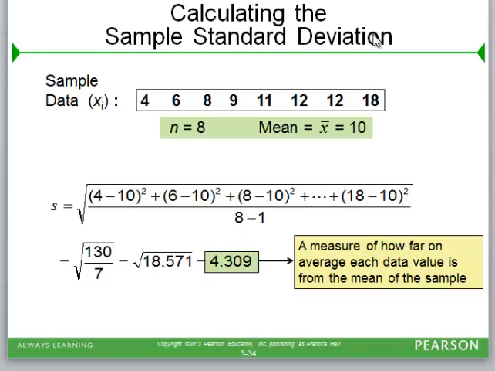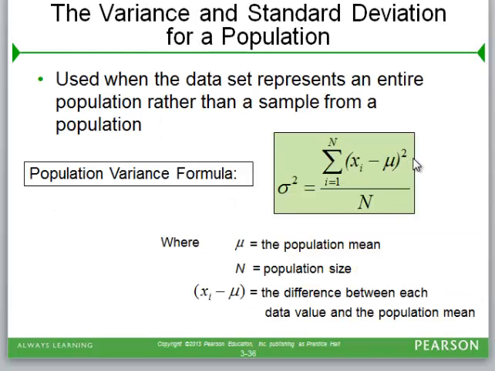In other words, if the standard deviation is small, the sample mean or population mean we get is representative, a typical number, which means it's reliable, right? So we just took care of the variance and standard deviation for a sample. Remember, we use s squared to represent the sample variance, and s to represent the sample standard deviation.